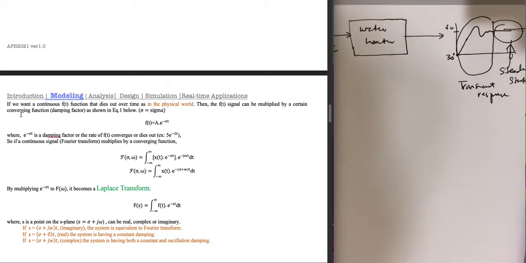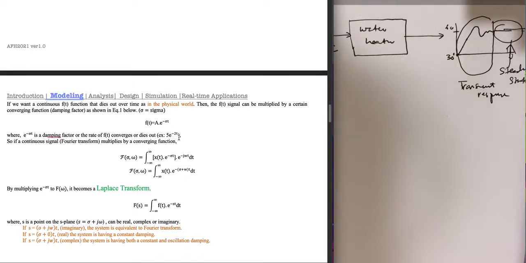Okay, if we want a continuous function f(t) that dies out over time as in the physical world, because anything in the physical world will die out over time, then the f(t) signal can be multiplied by a certain converging function with a damping factor, as shown below. For example, f(t) equals A times e to the minus sigma t. This is a converging function where e to the minus sigma t is a damping factor, or the rate at which f(t) converges or dies out.